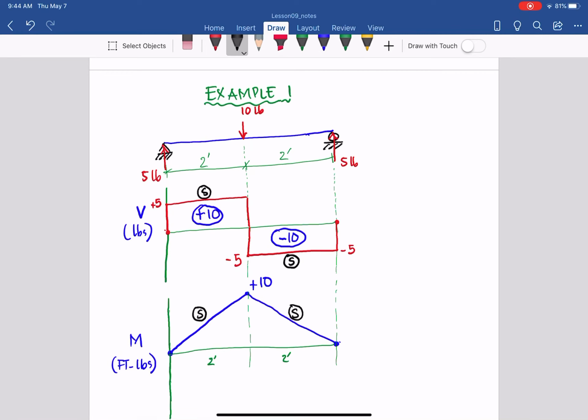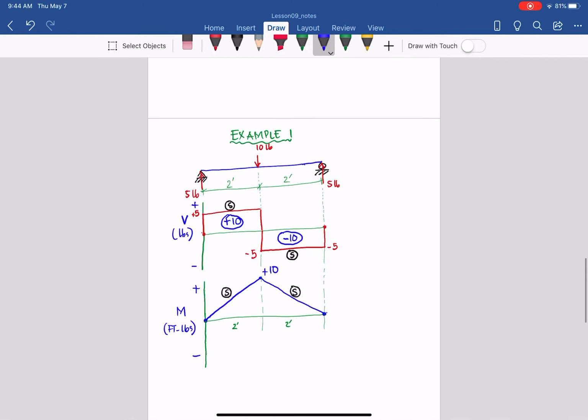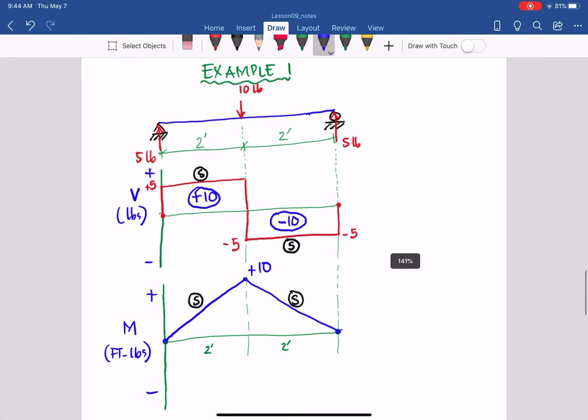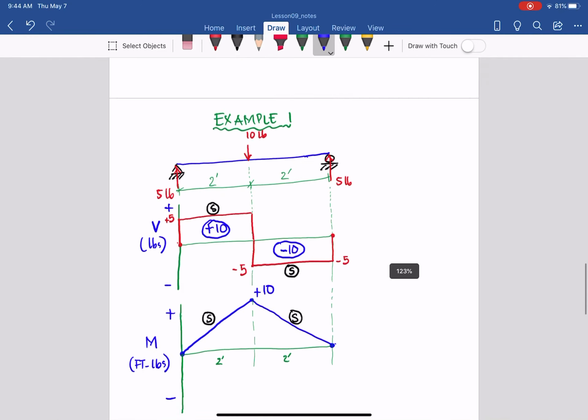And just label down here: you can have the positive V on this side, the negative, and similarly, positive moment and negative moment. And as you can see, just to talk about the moment, here the moment is all from left to right positive, and you can see it on top of the horizontal axis there. So what does that mean?